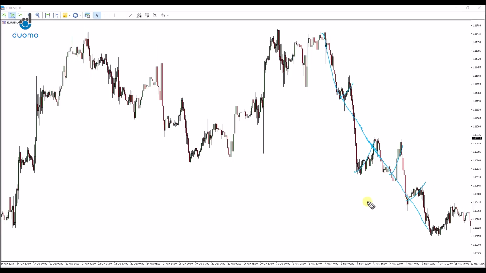Now these are called pullbacks, and it's because when the price is moving, it doesn't just move in one straight line like this, where it's just going from one price to another in a bearish trend. Instead, you can see what it does is moves in this sort of shape. Now, these are called oscillatory movements, but they're most commonly known as the waves in the market. So you can forget that long O word, you don't need to know that. These are the waves in the market, and it's these waves that allow us to identify the type of market we're seeing and to identify when that market is changing or continuing.